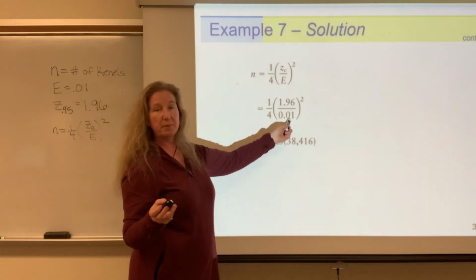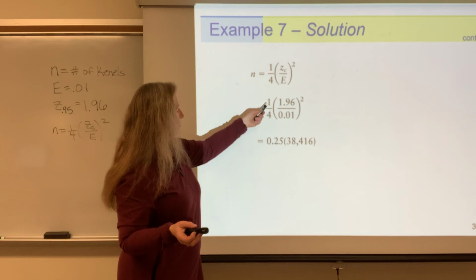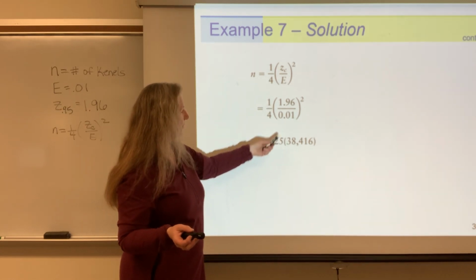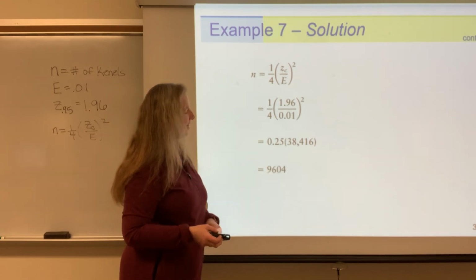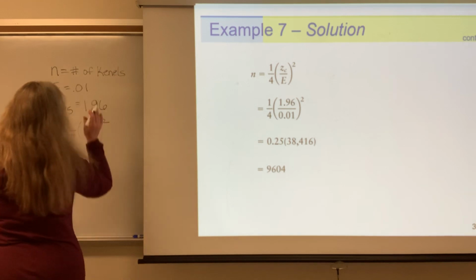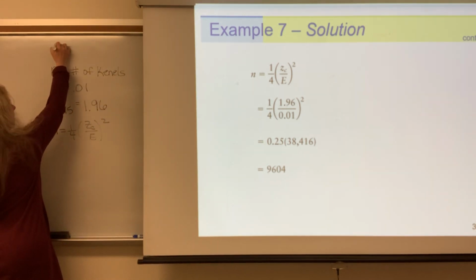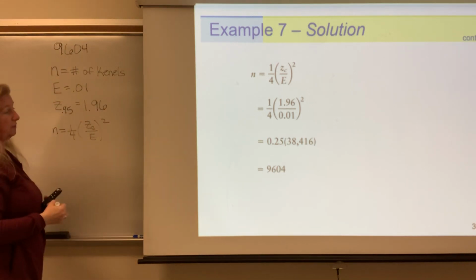And 1/4 is the same as 0.25. When they did this math, they came up with 9,604. So with no preliminary estimate, we'll need 9,604. That's a lot of kernels of popcorn.